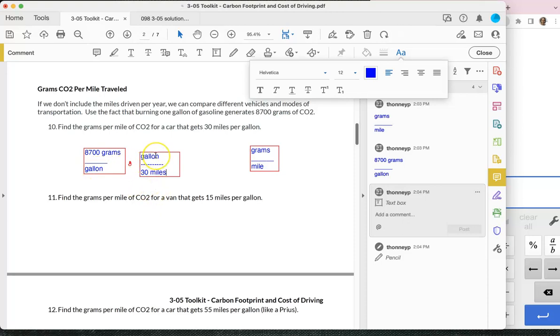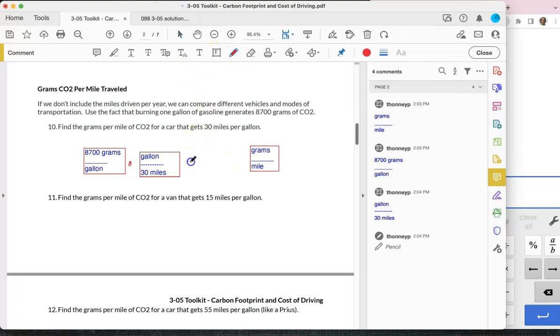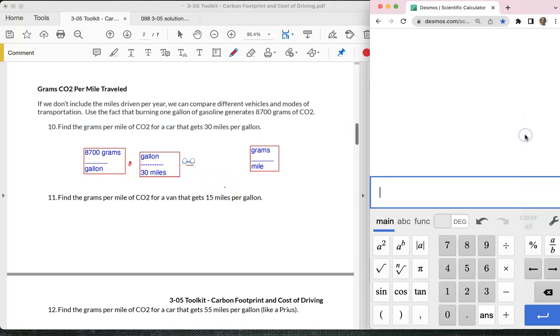And now gallons will cancel, and all I need to do is 8,700 divided by 30, and that will give me my grams per mile. So equals, and then I go over here and use the calculator, 8,700 divided by 30 gives me 290 grams per mile.